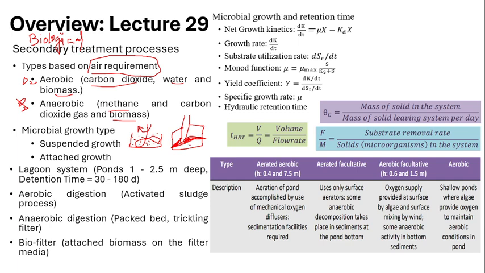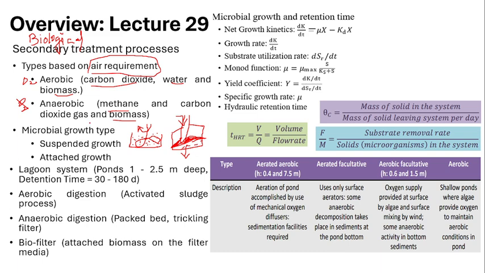So microorganisms are getting attached to this filter media. The water will be flowing in and passing through the media, and the pure water will be collected here in the outlet. In the media, there will be microorganisms attached to it. So this water containing the organic matter acts as the food for the growth of the microorganisms attached to it. This kind of growth is called the attached growth process and the other kind of microbial growth is called the suspended growth process.